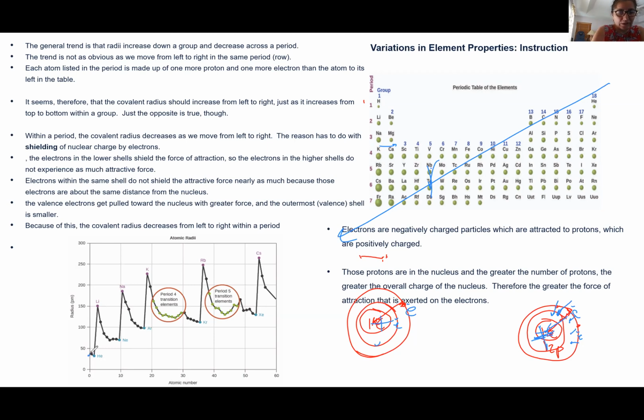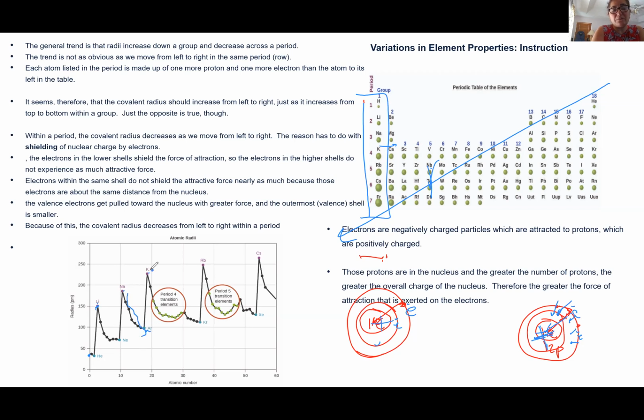If you go down a group in the periodic table, from lithium to sodium to potassium to rubidium, the energy level is increasing. And then if you are going across from left to right, the atomic radius is decreasing.